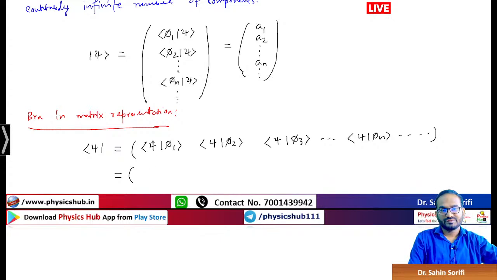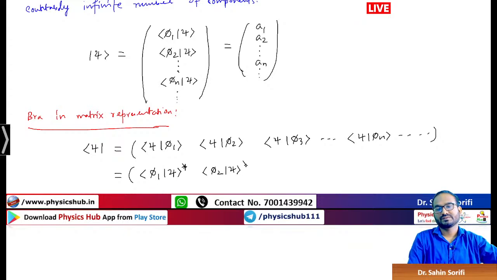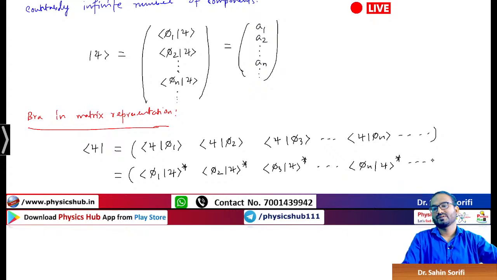So this ⟨psi|phi1⟩, we can also represent it as ⟨phi1|psi⟩ star, and ⟨phi1|psi⟩ is what? A1, so this will become A1 star. ⟨psi|phi2⟩ is ⟨phi2|psi⟩ star, ⟨phi3|psi⟩ star. This is a property of the scalar product, so we can write it in this way: ⟨phin|psi⟩, and so on.